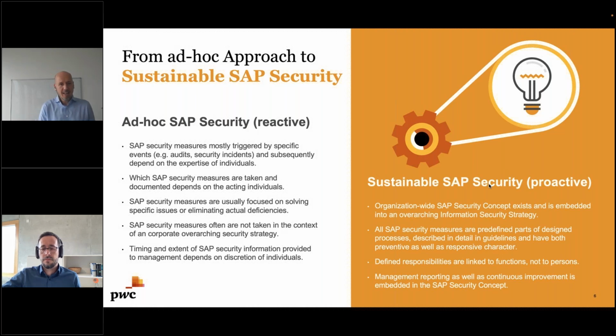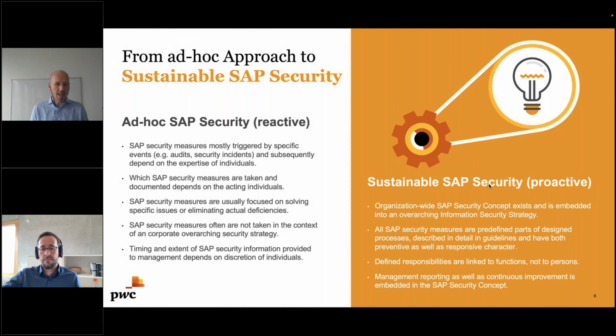And on the other hand, to justify each spending into security measures. And let's not kid ourselves, security is a cost element. So every expenditure for security measures needs to be justified against the risk and the risk reduction that comes along with it.